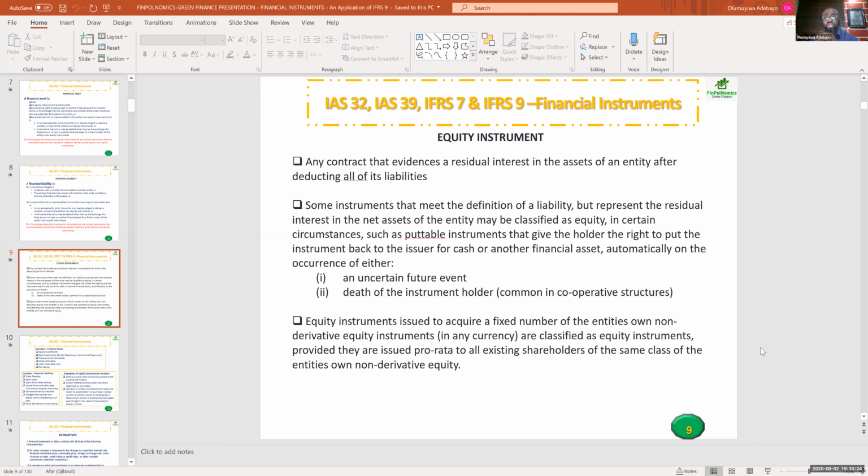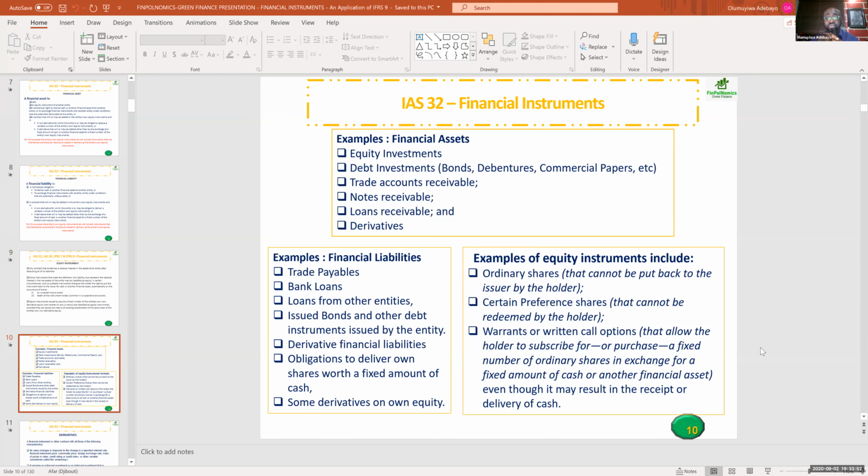As we move on, we'll find a picture where a preference share, which is another class of shares, can either be considered as an equity instrument or as a financial liability, especially those considered to be hybrid instruments. Examples of equity instruments: ordinary shares are usually equity instruments.